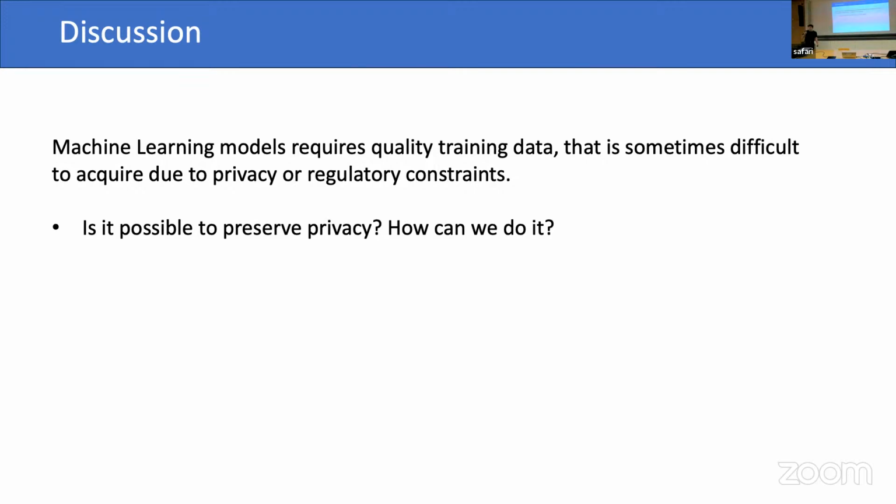So if we decrypt the data before it goes to the model, that's a point of attack. So yeah, encryption might be a way, but it might be a problem to make it happen. Does anyone have any other idea?